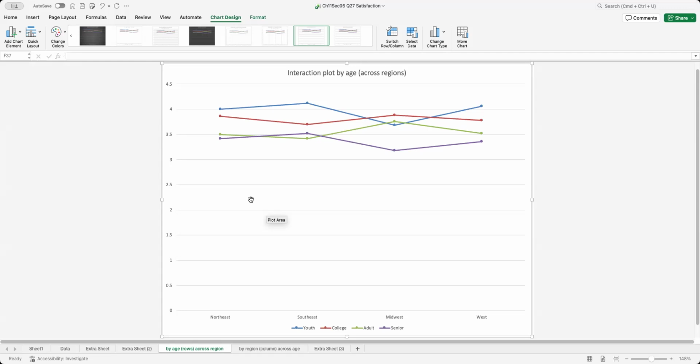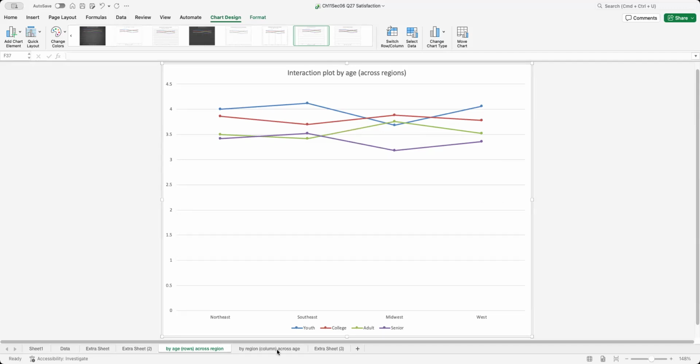Those are ages. So youth, college, adult, senior. It looks here like there's a lot of crossing over of these lines. That tells me there is an interaction here. I see it in this reaction between adult and senior here. I see this big cross of adult over youth and senior in the Midwest. Yeah, there's some interaction here.